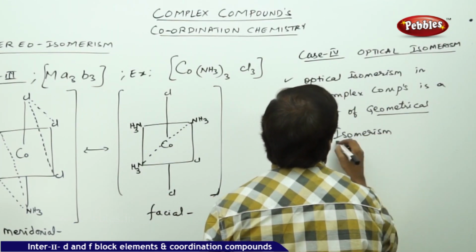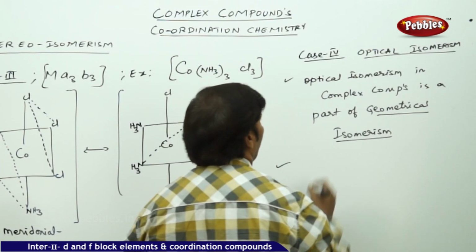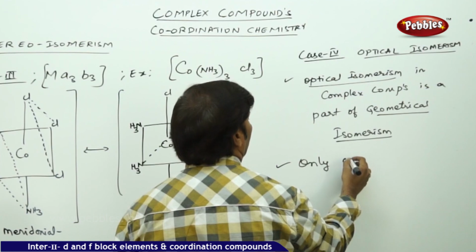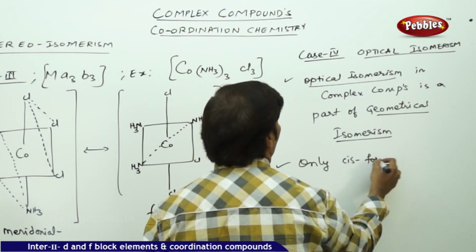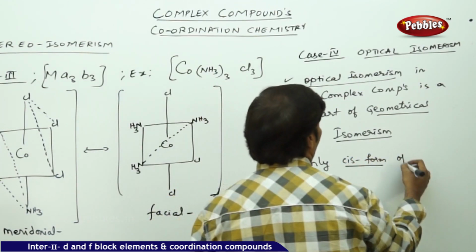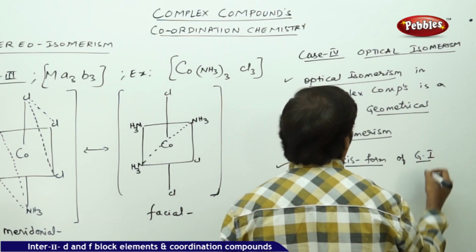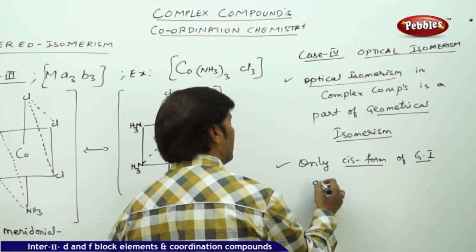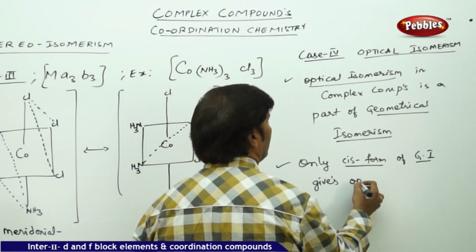That is the first point. Second point, only the cis form of geometrical isomerism (GI stands for geometrical isomerism) gives the optical isomerism.